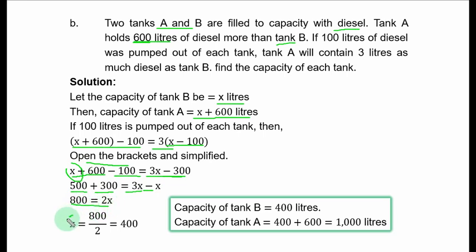To get S, divide both sides by 2, and S is equal to 400 liters. So therefore, capacity of tank B is 400 liters, and capacity of tank A is 400 plus 600, and that is 1000 liters.